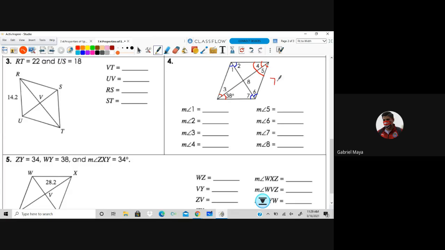If this is 76 degrees, what does that make this angle right here? Remember, consecutive angles are supplementary. So that would mean that this whole blue angle together would be 104 degrees. In fact, I'm going to do it over here. Opposite angles are congruent, so 104 degrees.